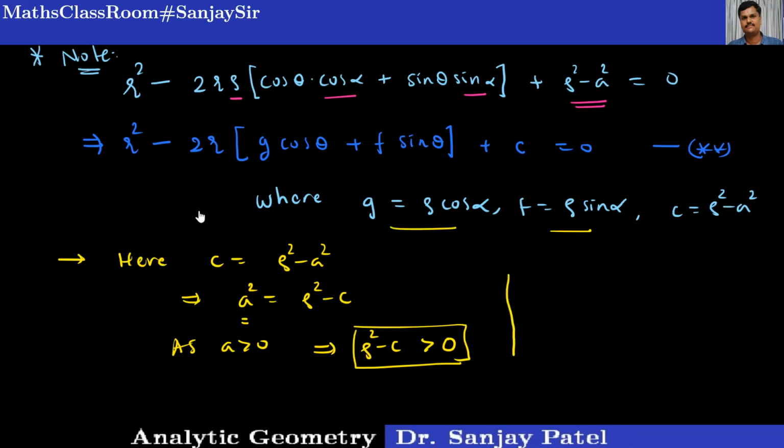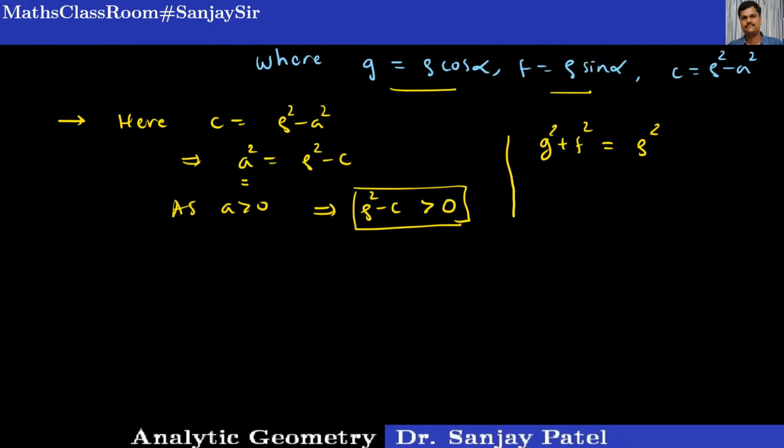So that will give me, say, g square plus f square. It is obvious, if you find the sum of the squares of these two, g square plus f square, you will get rho square cos square alpha plus rho square sin square alpha, and that gives you rho square. So I can replace, this implies rho square is g square plus f square. I am replacing the value of this: rho square minus c is positive.